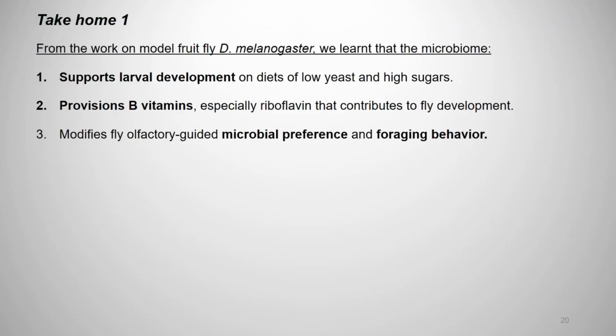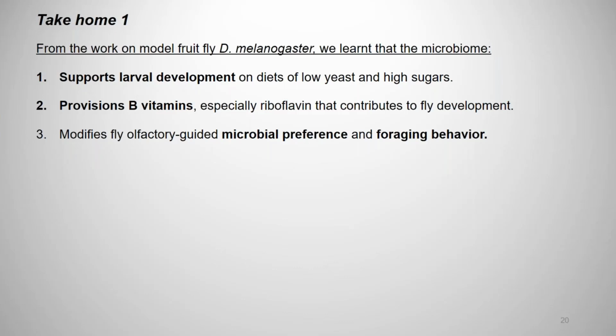So part 1 is all basic science, and it describes over 10 years of work that we have done on Drosophila melanogaster. We learned that the microbiome supports larval development, particularly on diets with low yeast and high sugar.